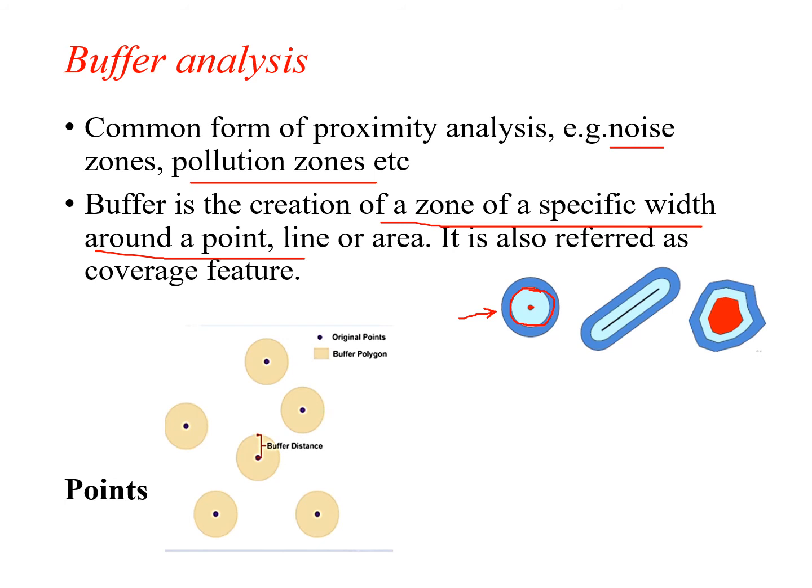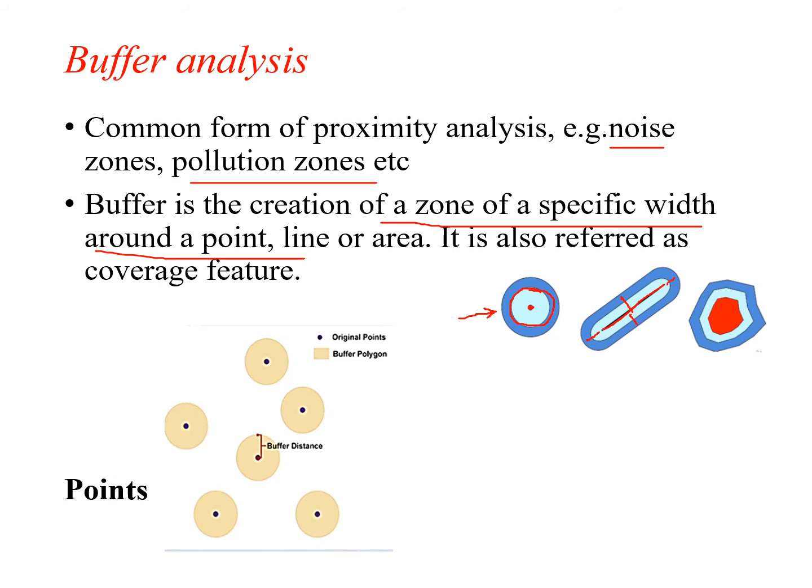Buffer is nothing but the width or the extent you want to show. Similarly, for a line, let us say there is a road, and you decide how much width all around it.